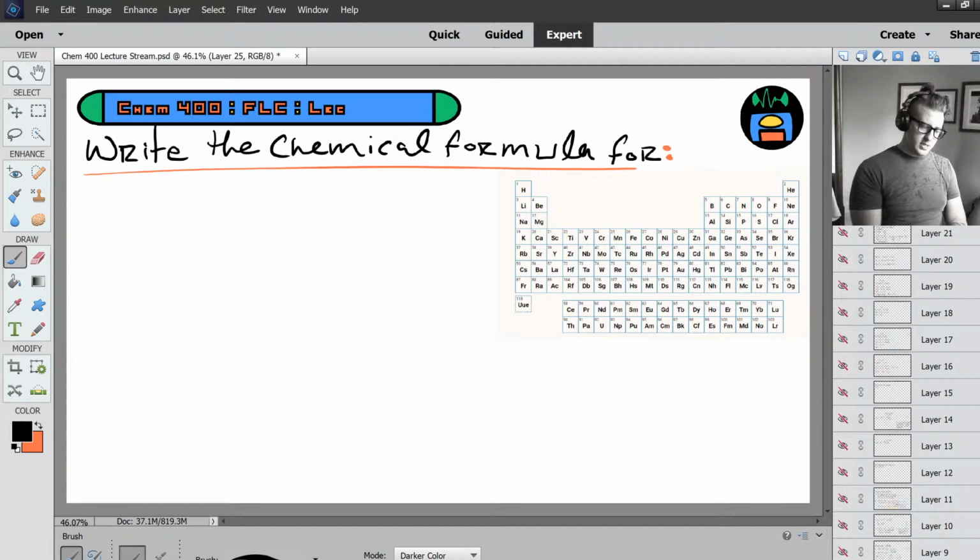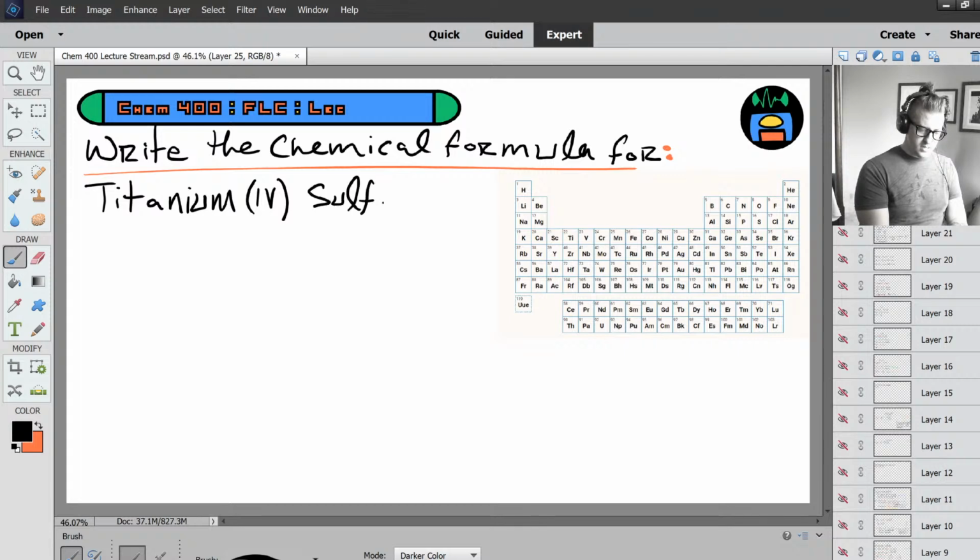All right. Let's do another example. Let's do titanium 4 sulfate. Here's one that we don't need the periodic table at all for. Titanium is a transition metal, and in this compound, it has a charge of +4.